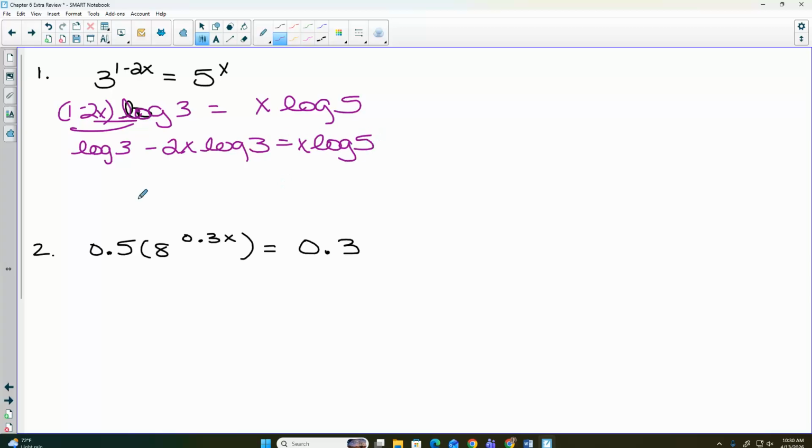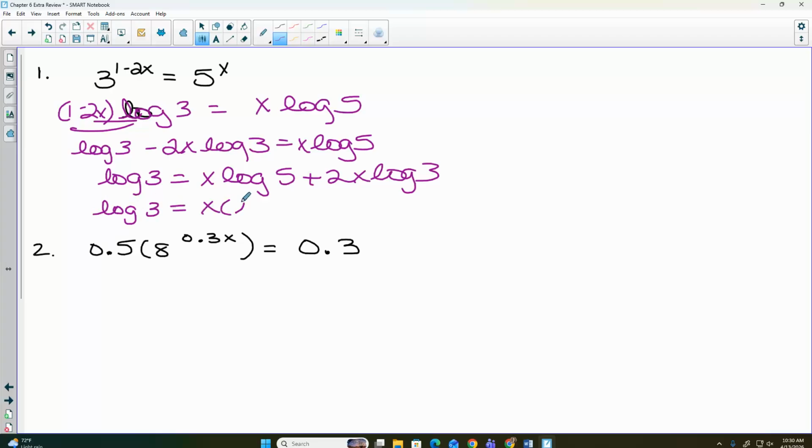equals x log 5. So we put all the x terms on the same side. And then what do we do? So we have x times something, so we divide.